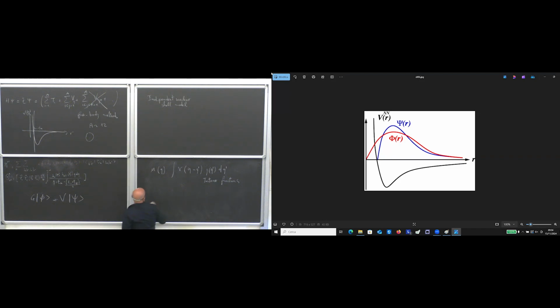If you apply this function to V, you get G. Okay?